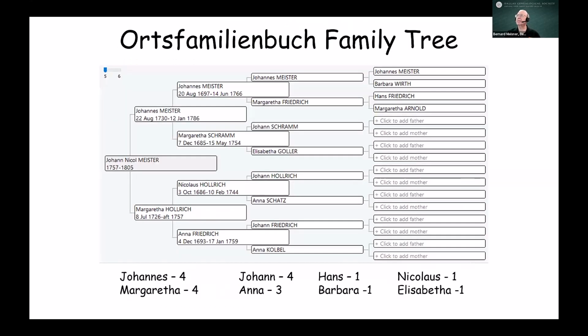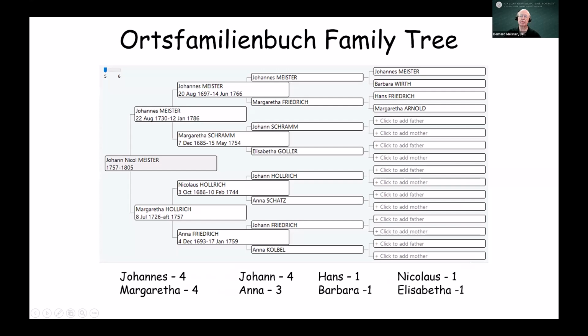So here's the records that I came up with, and we can see there in the upper right, we have a Johannes Meisner and a Barbara Wirth. They have a son, Johannes Meister, and he married a Margarita Friedrich, the daughter of these individuals.